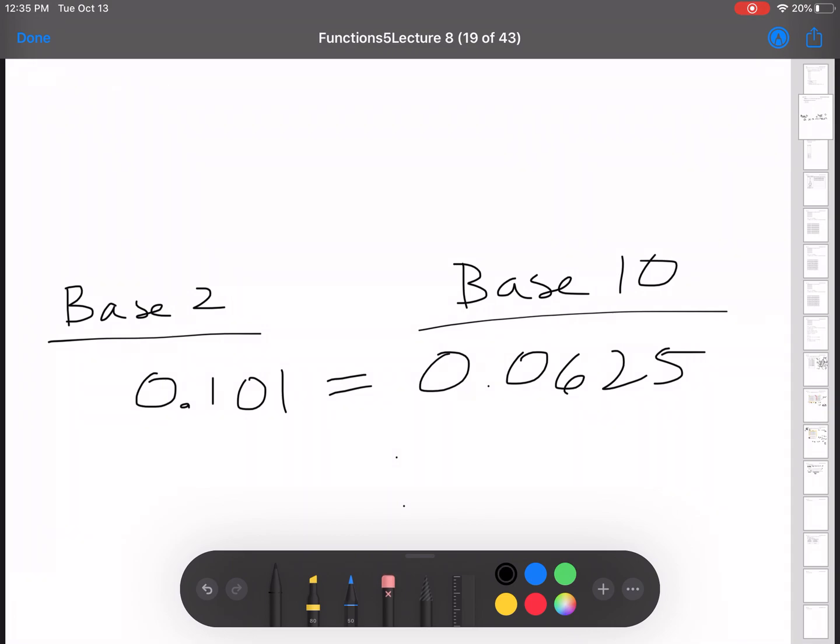All right, let's just do a couple more here. How about 0.1? This is 1 times 1 over 2 to the 1, otherwise known as 0.5. So 0.1 in base 2 is 0.5 in base 10.